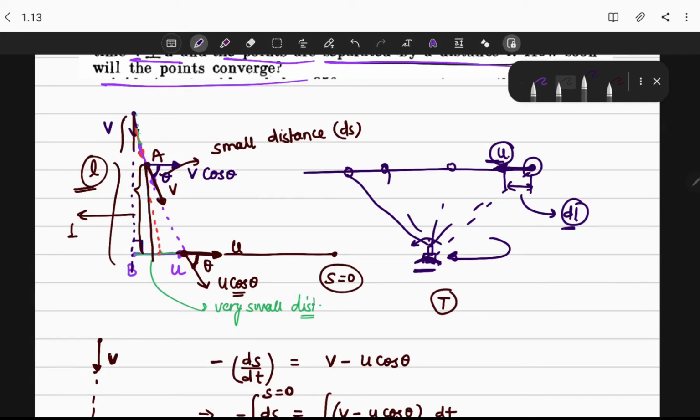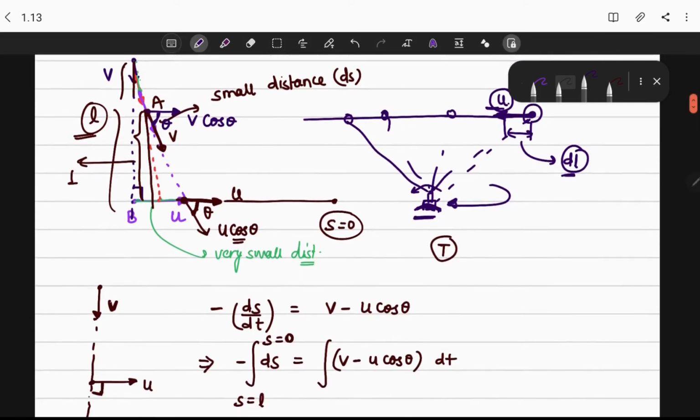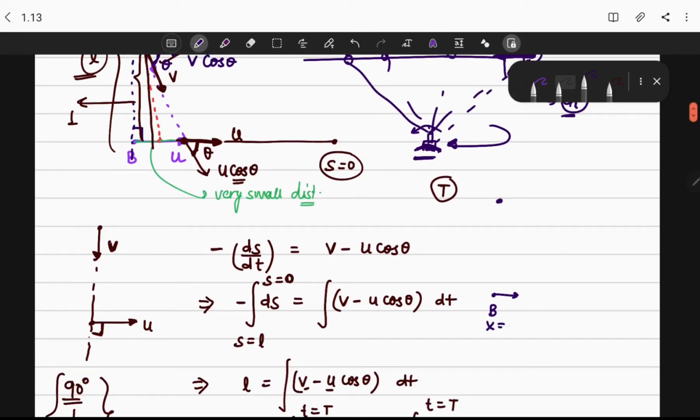And in the x direction, both particle A and particle B move by the same distance. If we understand it carefully, point B starts from this particular point where x is equal to 0, and point A moves continuously towards B, and here also x is equal to 0, and both converge to this particular point where x for both A and B is the same.